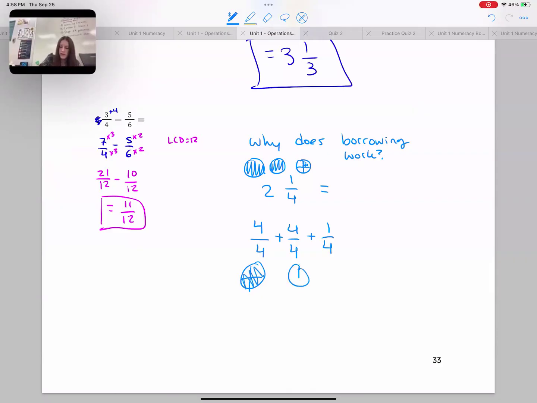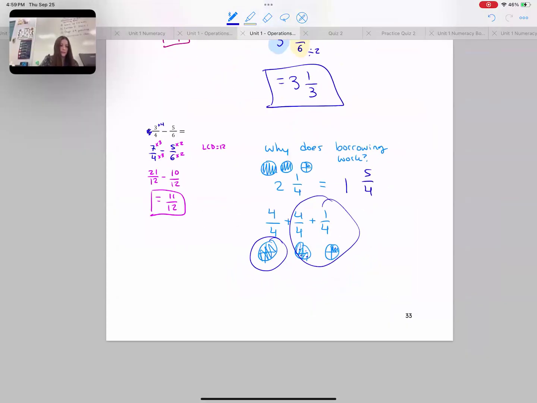So this here, and then this is going to be the 1 over 4 here. So this is the same thing. We're just going to take part of it here, and then we're going to leave this as a whole. That's just what we did. So this is going to be equal to 1 and 5 over 4 because we've got 1, 2, 3, 4, 5 pieces of pie cut up into 4 slices, and then we've got the 1 pie over here.